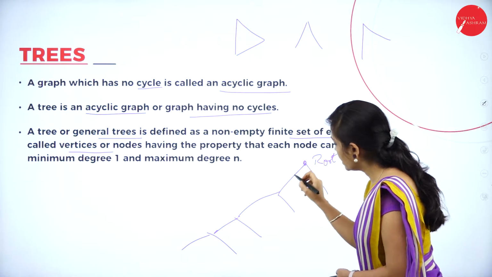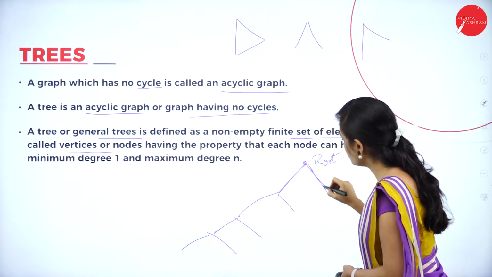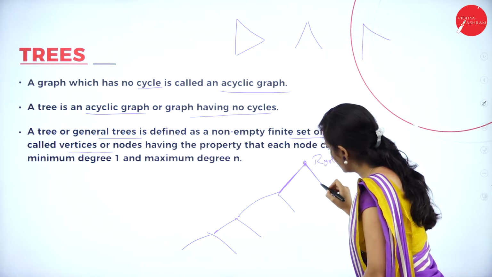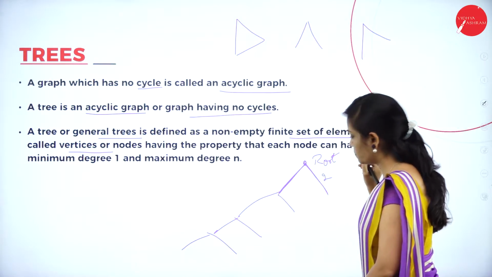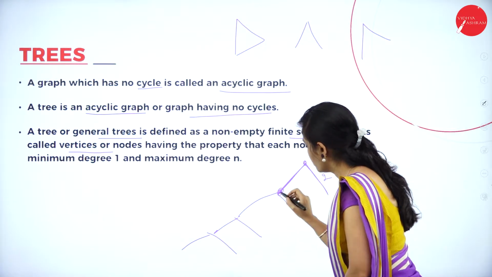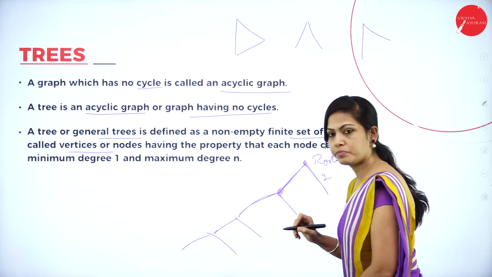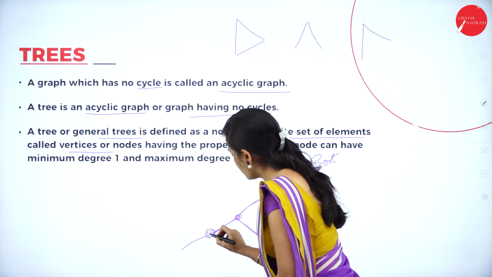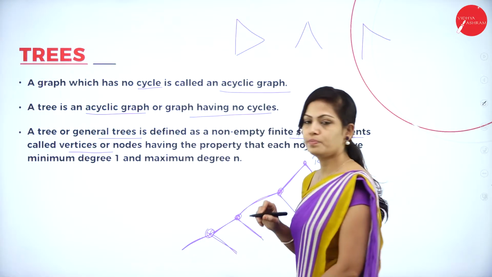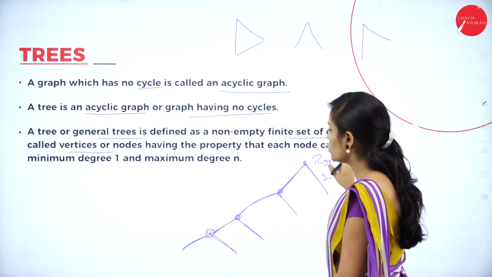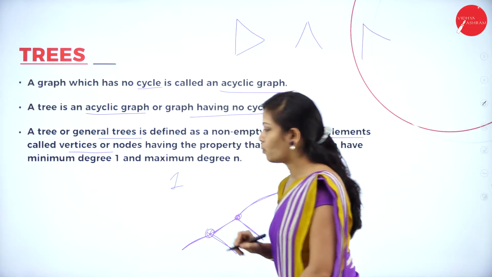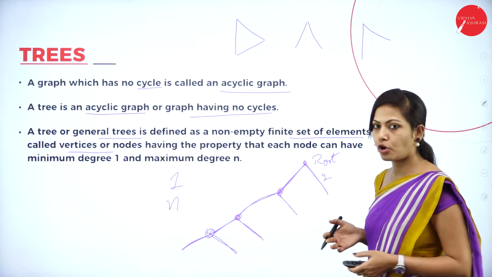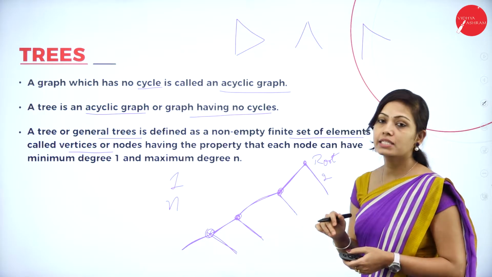Degree means the number of edges it connects to. It is connected to two edges, so the degree is 2. What is the degree of this node? 1 and 2. And this node? 1 and 2. Clear? So a node can have minimum degree 1 and maximum degree n, so it can have n number of degrees. This is called a tree.